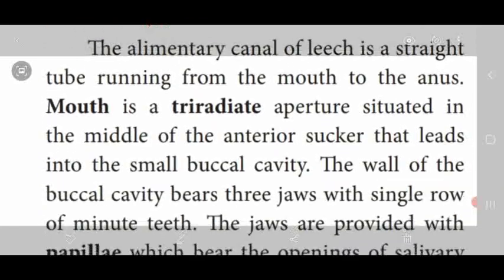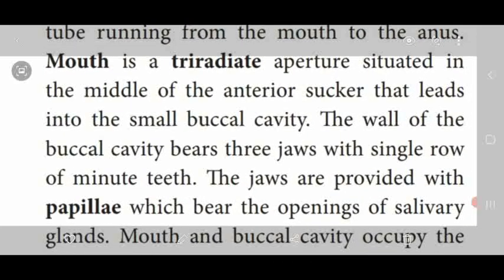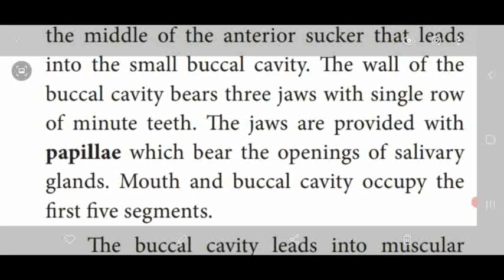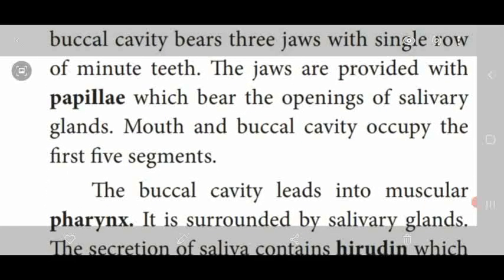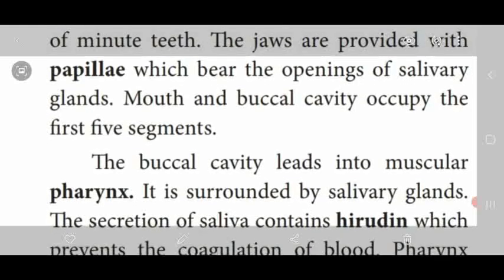The mouth is a triradiate opening present in the anterior sucker. It leads to a small buccal cavity which contains 3 jaws, each jaw having a single row of small teeth. The jaws produce small papillae-like openings, and these openings are named salivary glands.